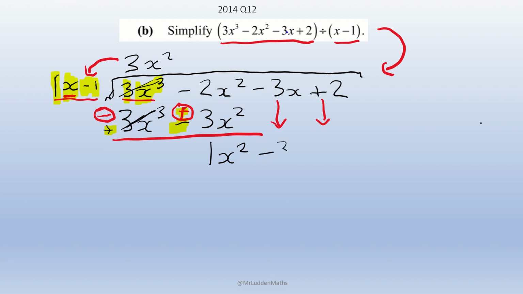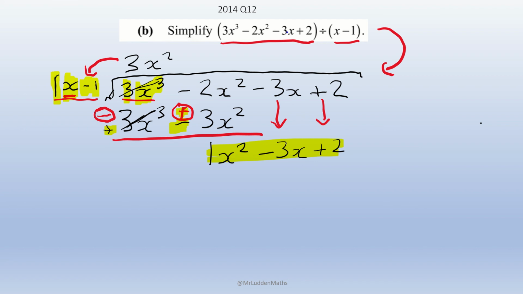So writing those down again, minus 3x plus 2, and my question starts again. What I need to find out is how many times my 1x minus 1 goes into my new equation at the bottom, 1x squared minus 3x plus 2.